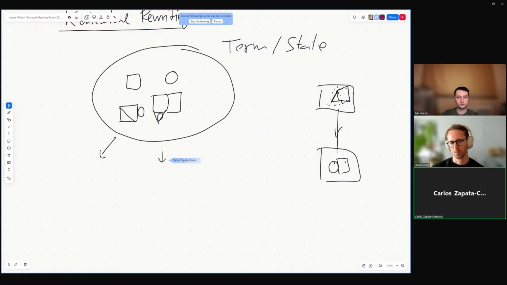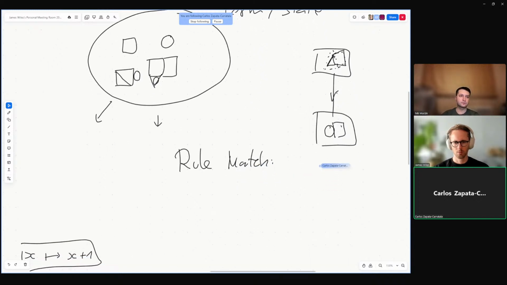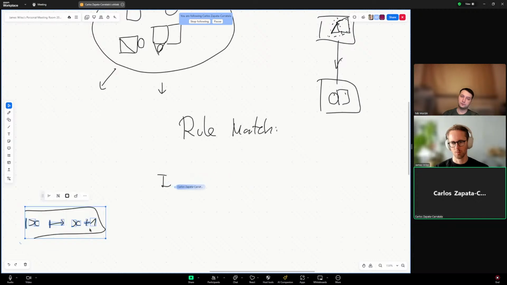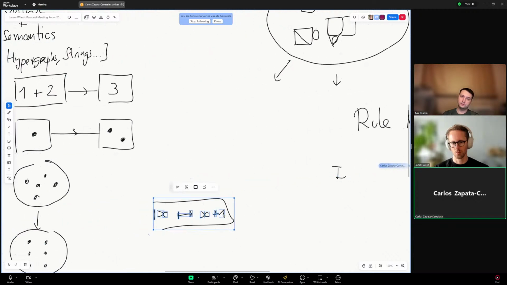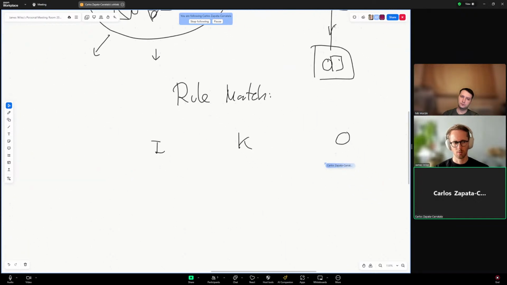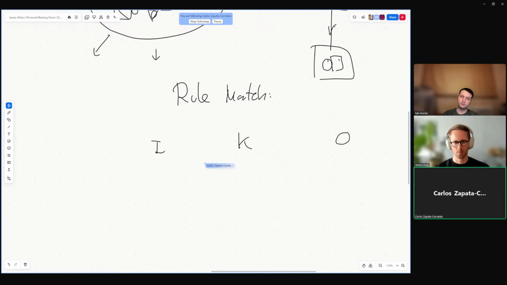So anyway, this we identify as, every time there's a rule match, it consists of 3 things. You have an input object, you have a context object, and you have an output object. And the idea is that the context object is going to appear in both the input and the output, right?